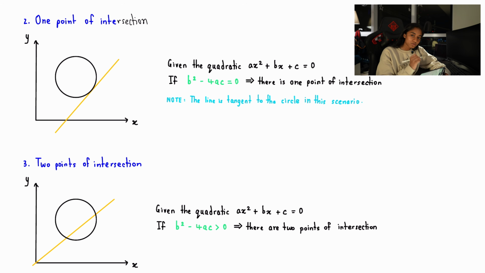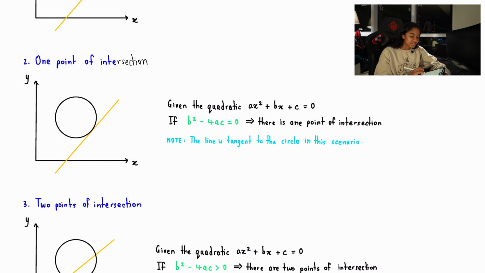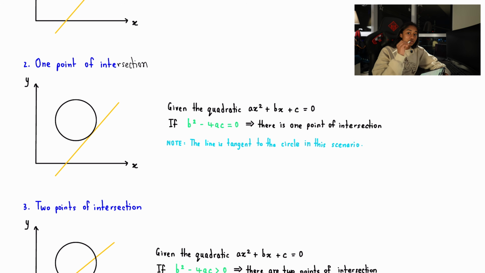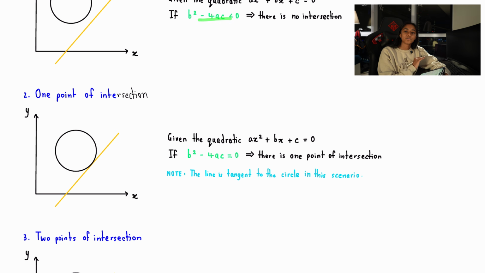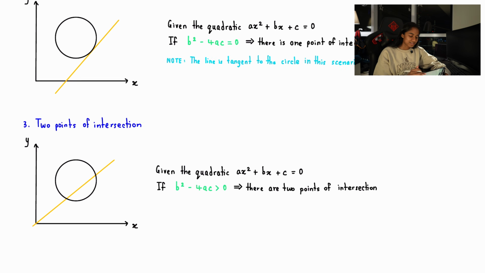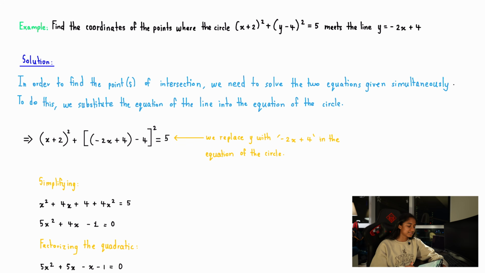So if there are 2 points of intersection, this would mean that b squared minus 4ac is more than 0. So if this value is more than 0, there are 2 points. If this value is equal to 0, there's only 1 point of intersection. And if it is less than 0, there are absolutely no points of that line going through that circle. So always remember that.